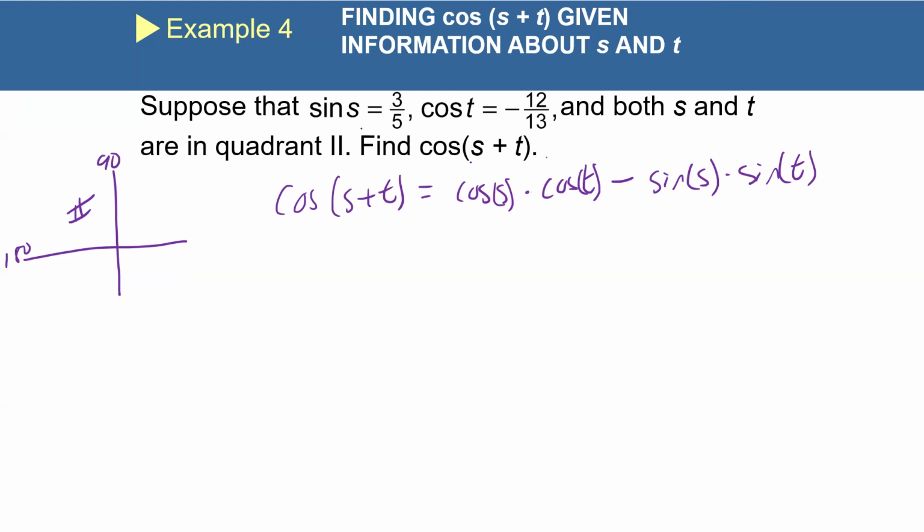Do we know the cosine of S? Not off the top of our head. Do we know the cosine of T? Yes, it says cosine of T is -12/13. Do we know the sine of S? Yes, sine of S is 3/5. Do we know the sine of T? We do not know the sine of T.